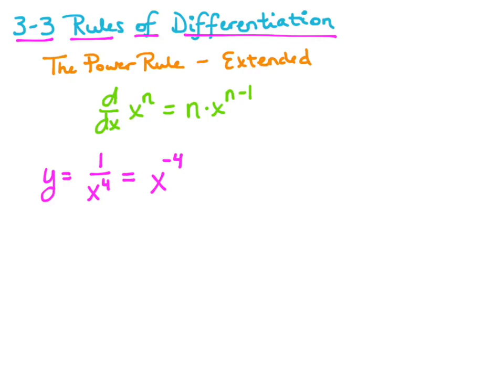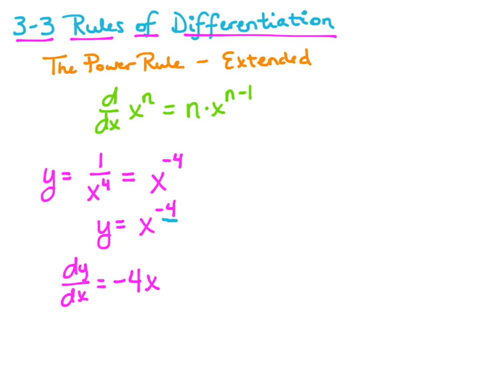Now that we have it in that form, y is equal to x to the negative 4, we have it in the form of x to the n. Now I can apply my power rule. The derivative would be equal to n times x, so my exponent, my n value, is going to come to the front, negative 4 times x, and then my new exponent is going to be n minus 1.